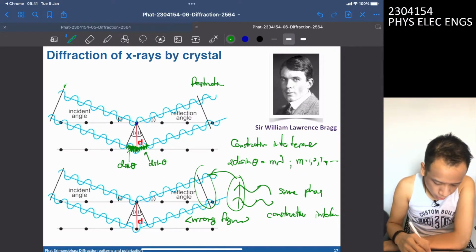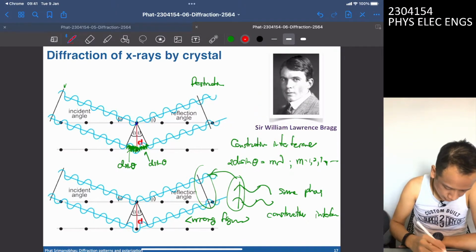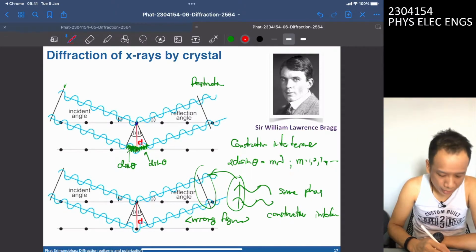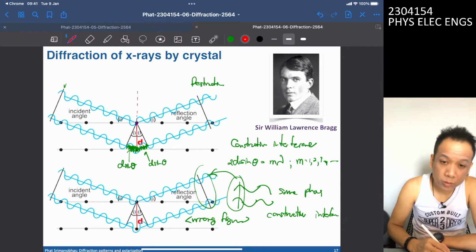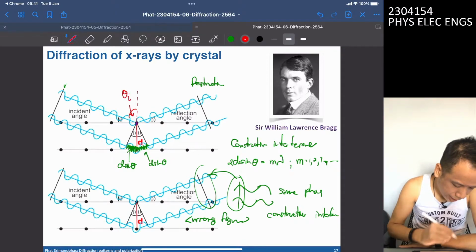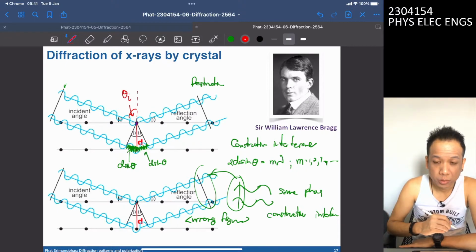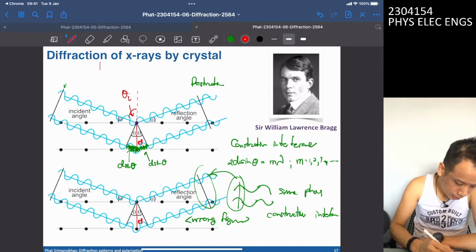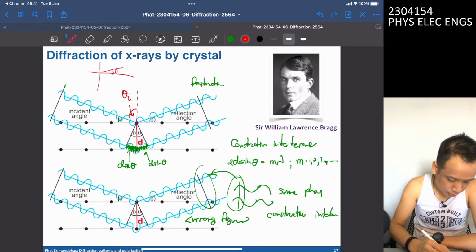Normally we define the angle of incidence from the normal to the plane of incidence. It's always like this in optics or in the slits. In the slit we define the angle in this way.